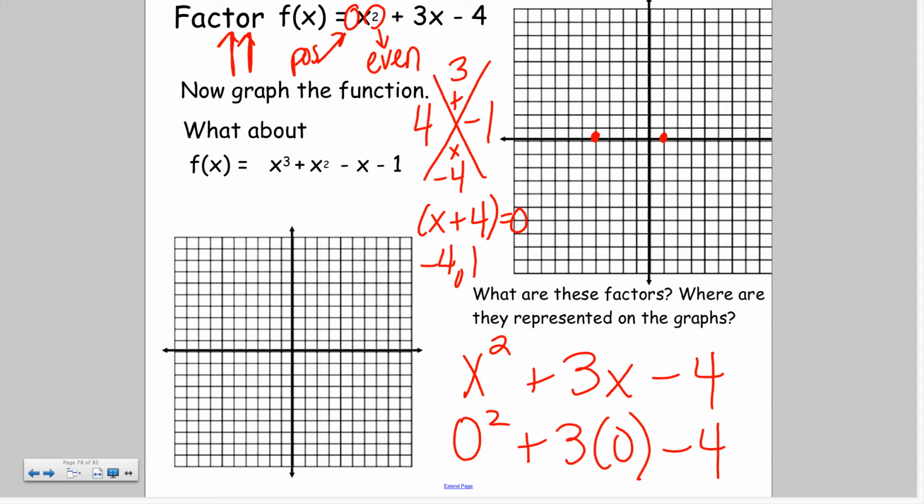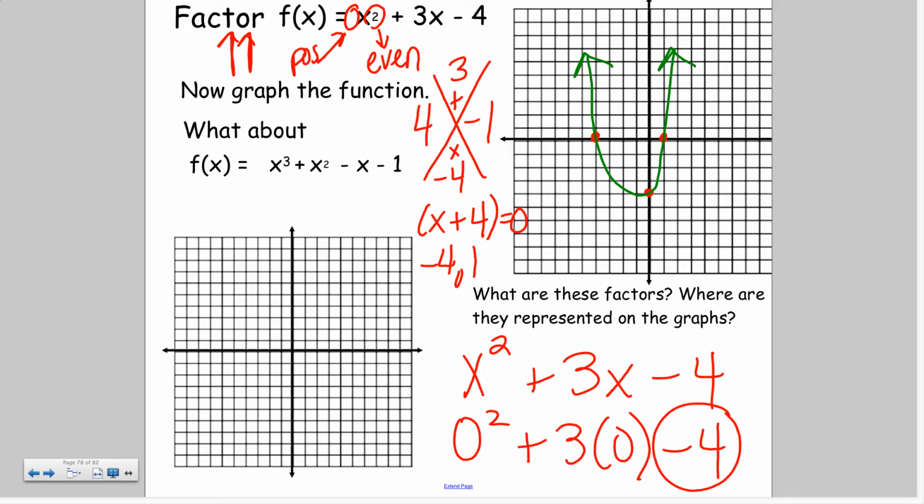So my y-intercept, if I solve this, is that right there. So I would go to -4, and I would put a point. Okay? Now I'm going to start high and end high, and I'm going to have 2 turns. So start high, I'm going to turn there, and there's the first one graphed.